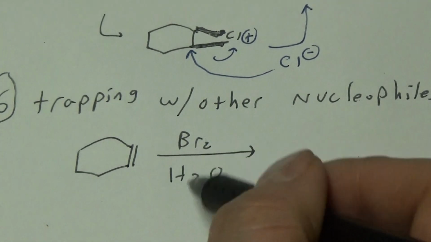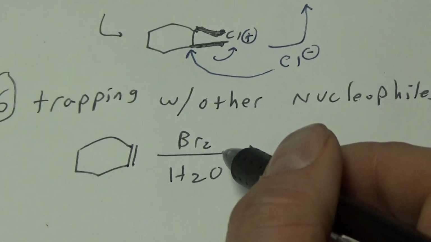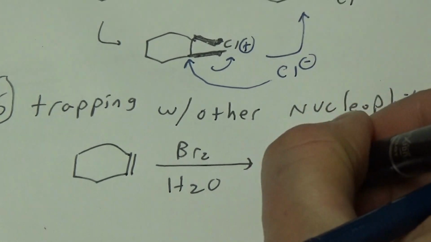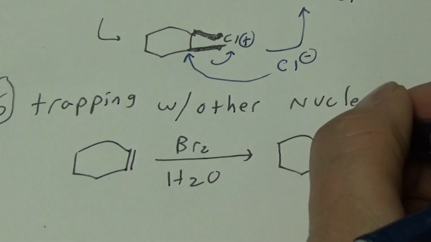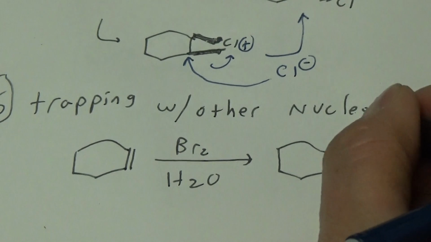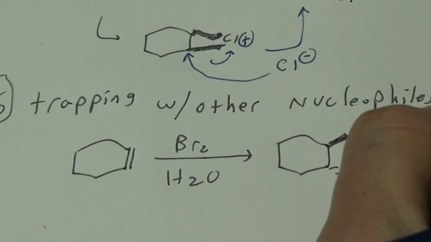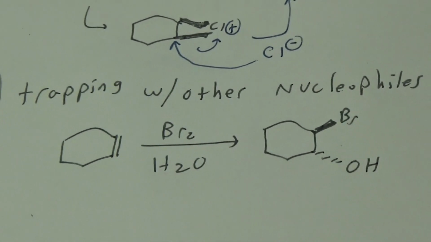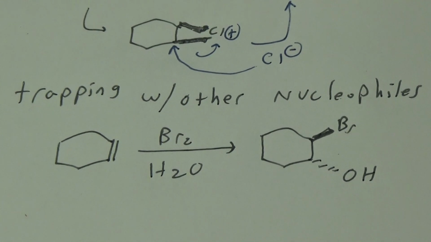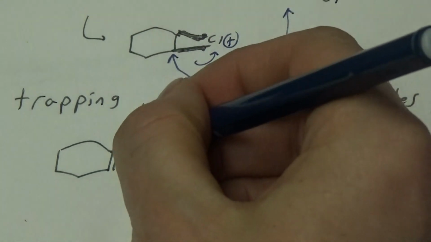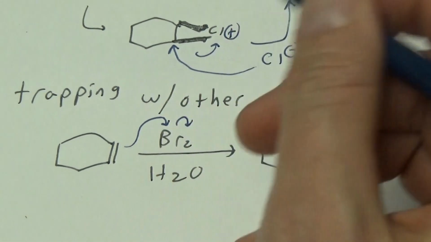Okay, so Br2 and water or something, and the basic result is going to be very similar, but we'll have like a bromine going one way, and then you'll get an OH, an alcohol, in the other direction. Okay, it's the same exact mechanism. So what's the mechanism? Attack.